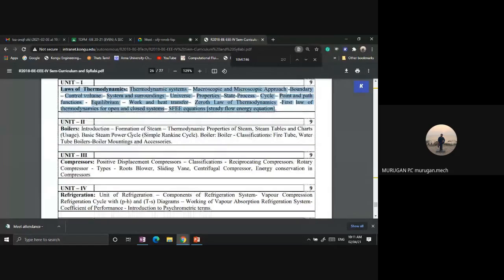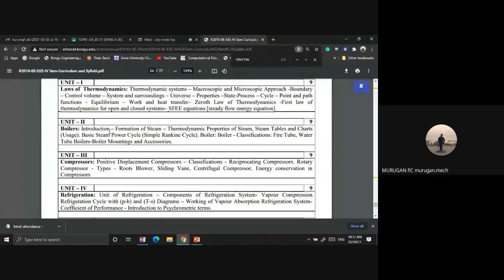The second unit is the formation of steam in the boiler: how the steam is formed, and how the steam properties vary based on pressure and temperature. We will also study boilers, different types of boilers, and the components installed and used in the boiler.